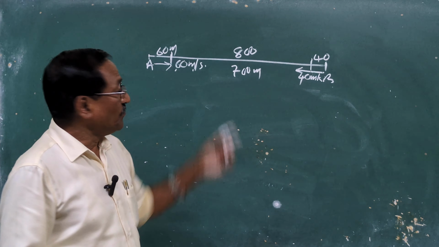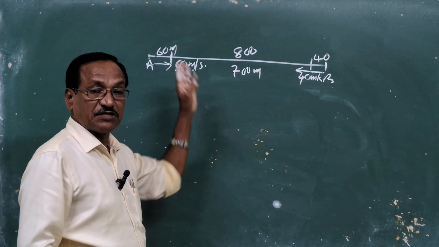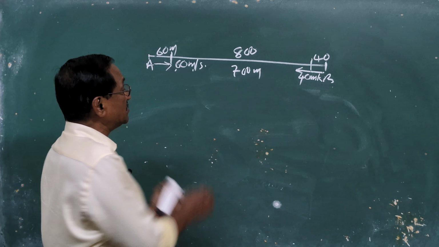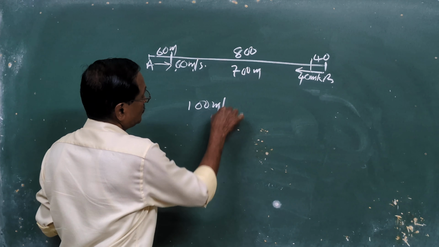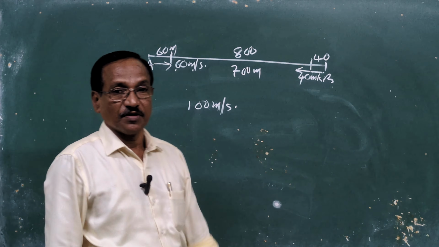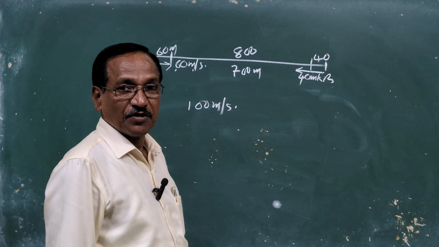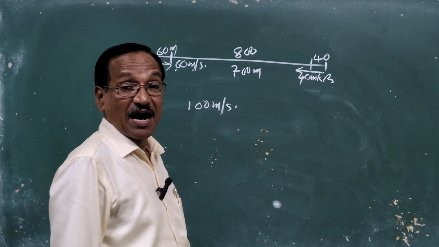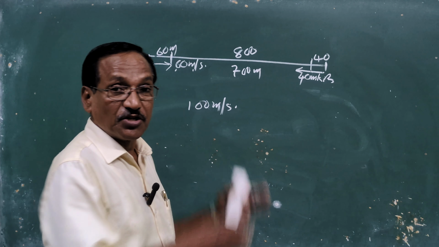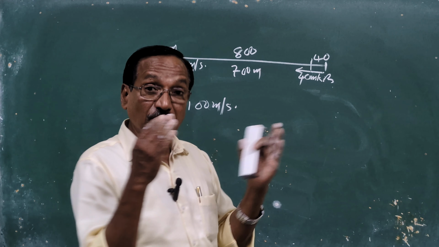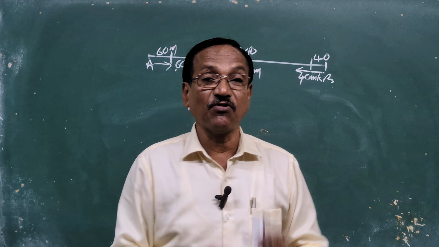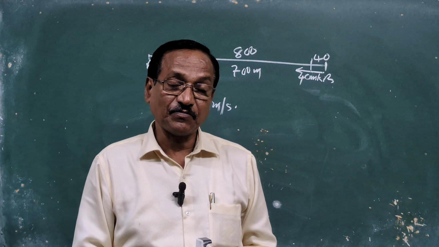Therefore, we can take the effective speed of the problem as 100 meter per second, not 60 and not 40, because the two bodies are approaching each other at a speed of 100 meter per second.